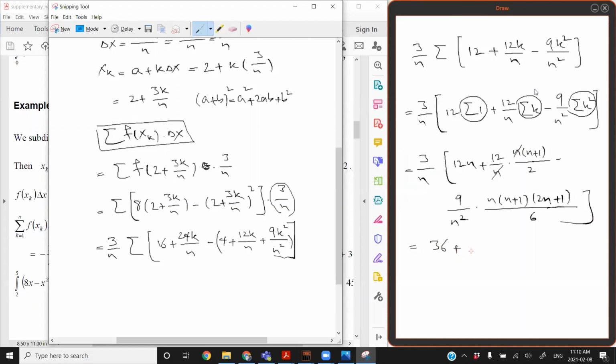I get plus 3 over 2, and there's also 12 here, so it's going to be 36 over 2 times n plus 1 over n minus, let's see, here I have a 9 times 3, that's 27 over 6.